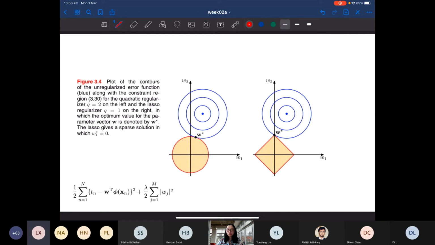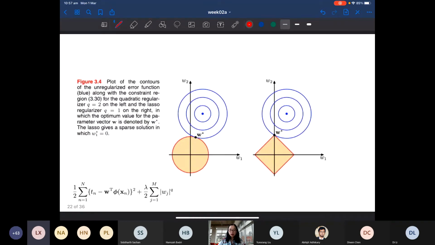But if the regularization surface is pointy, such as the diamond, then it's more likely that they're touching either close to or exactly at the axis. In which case, we say that the solution W is sparse, meaning some of the weights are close to 0. This is preferred, especially when we have a large number of basis functions or the feature dimension is very high.